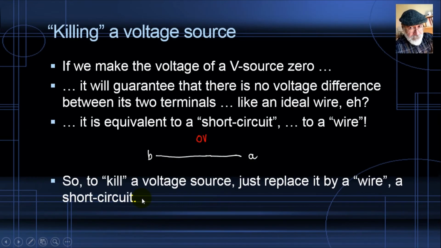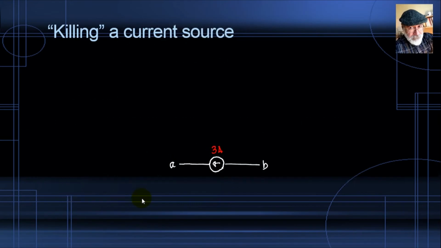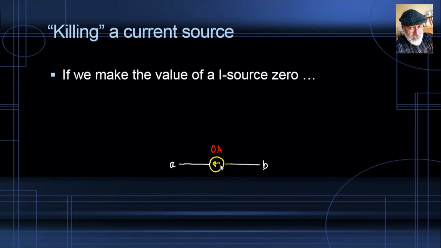And how do we kill a current source? Let's see. We have a current source, 3 amps between nodes A and B. That is guaranteeing that that branch has a current of 3 amps. If we zero that source, like so, that source is guaranteeing that whatever happens, there is no current flowing through that branch between B and A. Isn't that the same as if we just cut a hole in that branch?